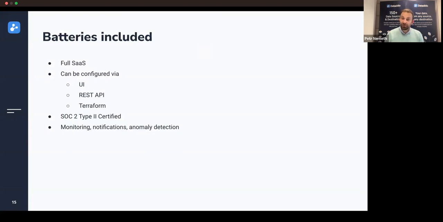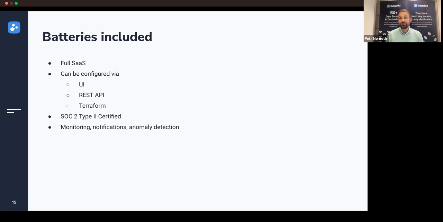And of course, there are a lot of batteries included. Dataddo is fully software as a service, so there is no installation and no infrastructure maintenance. Everything is cloud-based, ready to use, and auto-scalable. It can be configured via UI, REST API, or, for those who like to have configuration only in code, we have a Terraform provider as well.